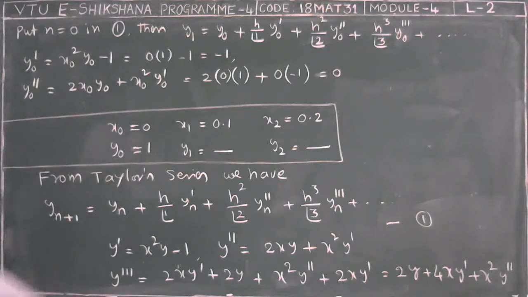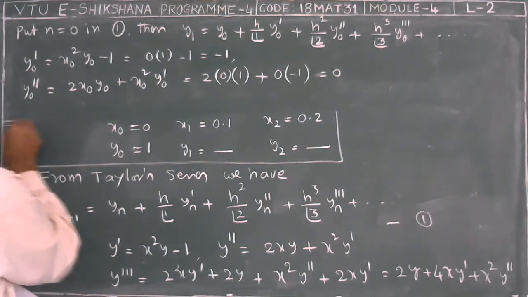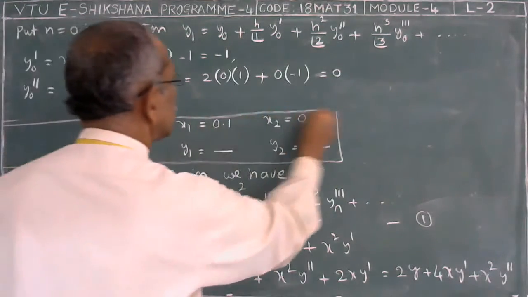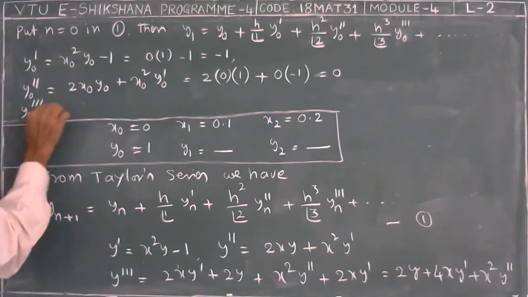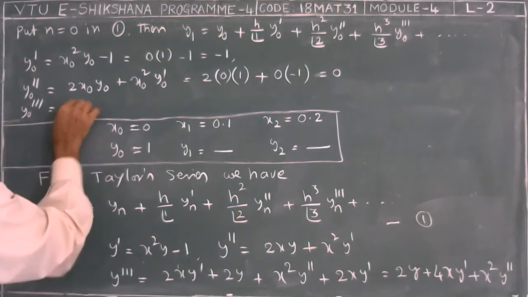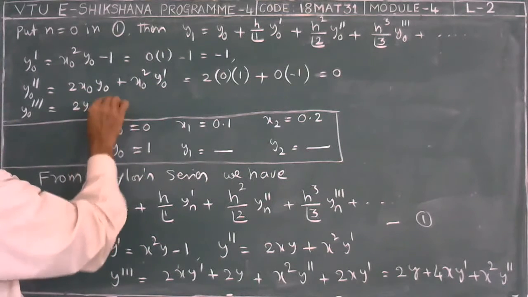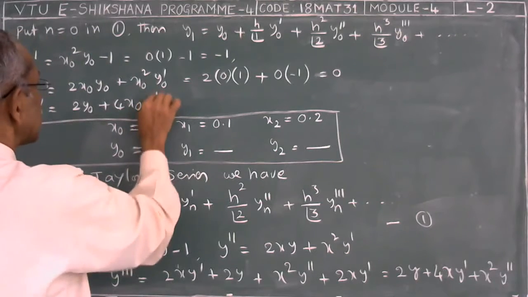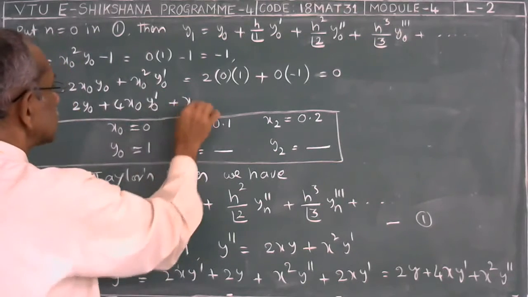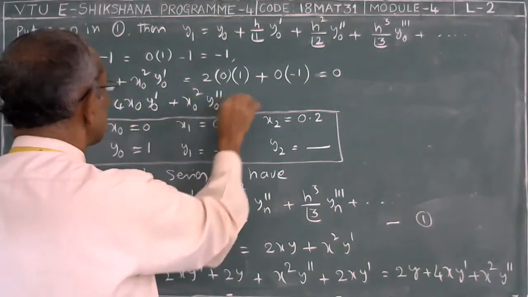Then y naught triple dash is 2 into y naught plus 4 into x naught y naught dash plus x naught square into y naught double dash.